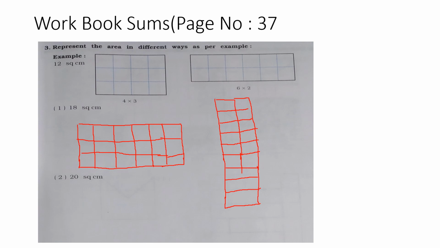Clear? So right here that is 3 and 6. So that is 6 multiplied by 3. And this is 2 multiplied by 9.